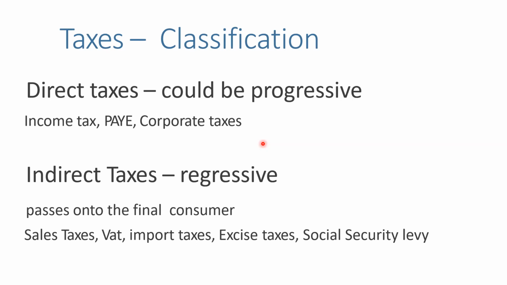Now, sales taxes, VAT, import taxes, excise taxes, and the social security levy. Whatever the product we are buying, they will put 2.5% on the final value and collect it. It's a huge tax.